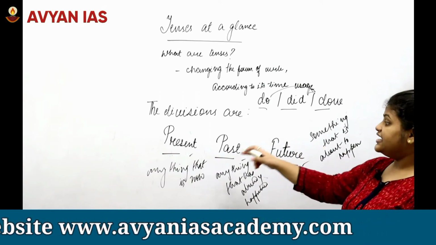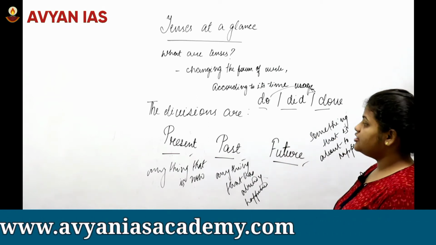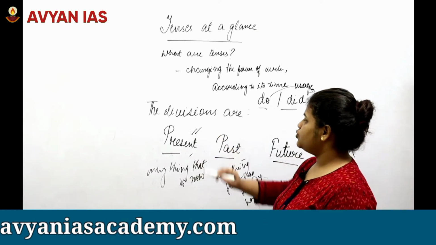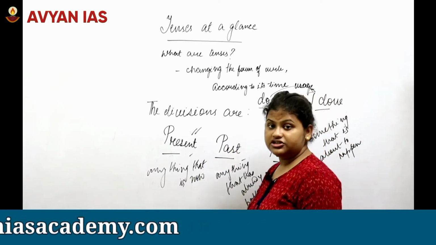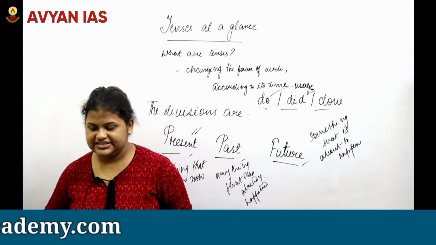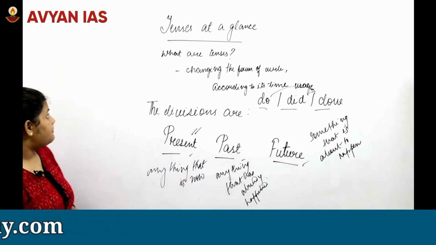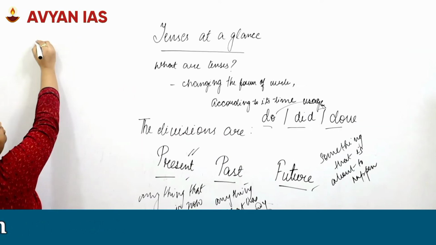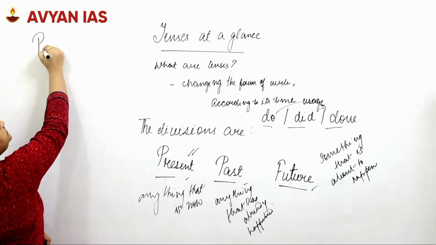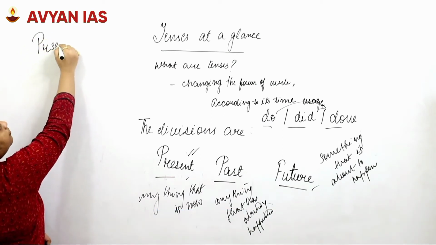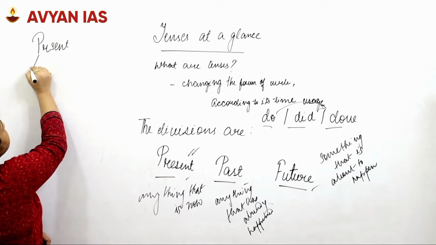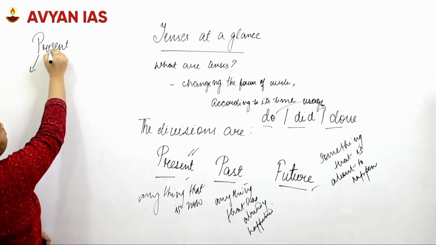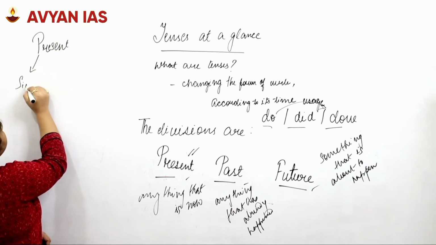Under this larger rubric of tenses, now we will be dealing with each one of the tenses one after the other. First, we will be talking about present tense. All the three tenses are divided into four parts again. The present tense would be divided into simple present.